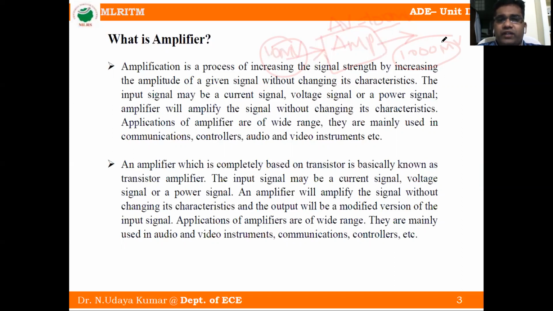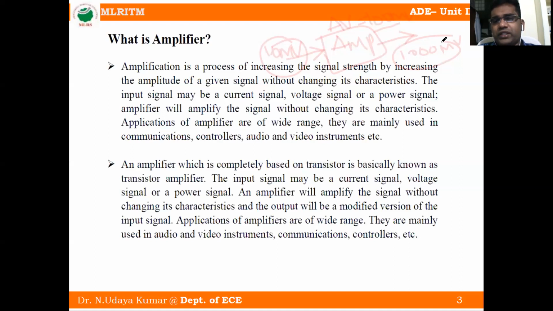An amplifier which is completely based on a transistor is basically known as a transistor amplifier. We know that a transistor can be used as a switch and also as an amplifier. In which region can a transistor be used as an amplifier?